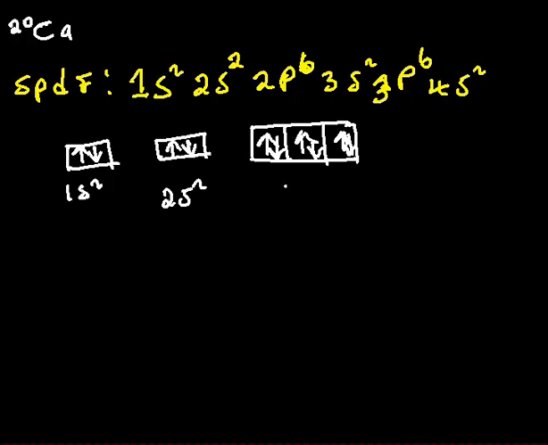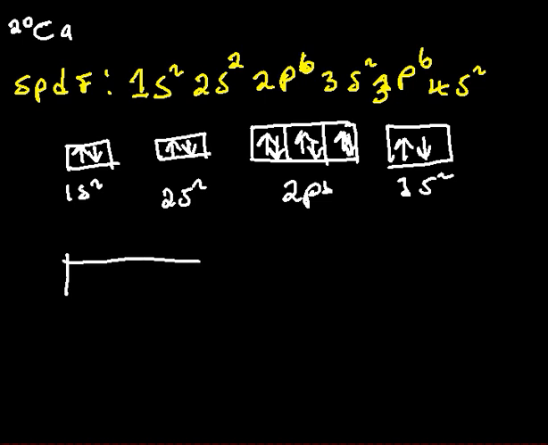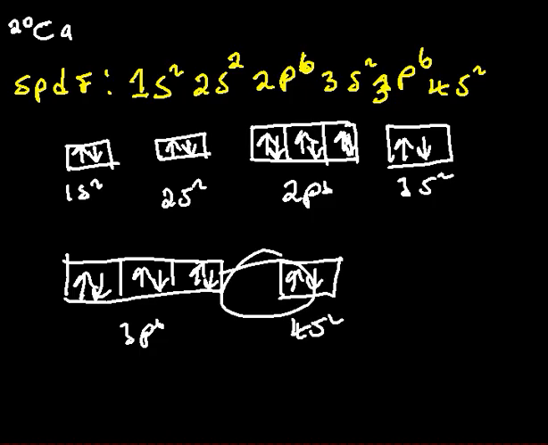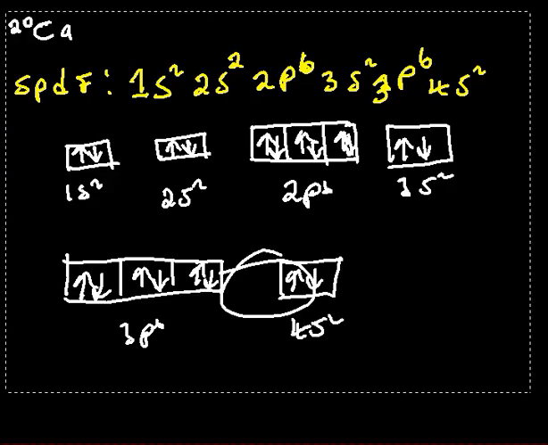Then now that is 2p6, we go for 3s2. 3s2 must have 2 electrons like that, and we go for 3p6. How about 3p6? You have 6 of them, so have it like that, and 4s2, now we have 2 electrons there, that is 4s2. So that's how we do the configuration using SPDF as well as the orbital diagrams.